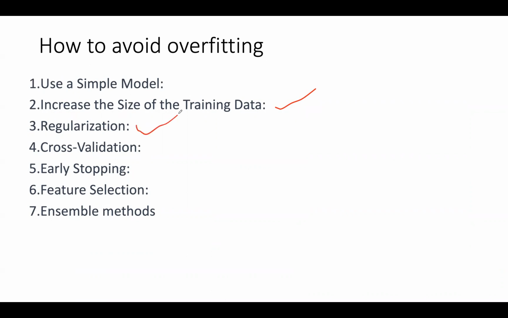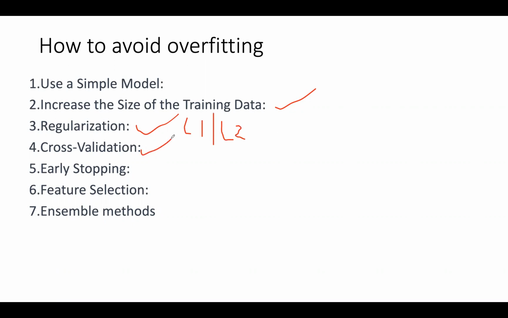And here we have regularization, where you add a penalty term to the model's loss function. What that means is it will discourage large weights and complex models, thus helping to reduce overfitting. Some of the common regularization techniques we have are L1, sometimes called lasso, and L2, called ridge regression.